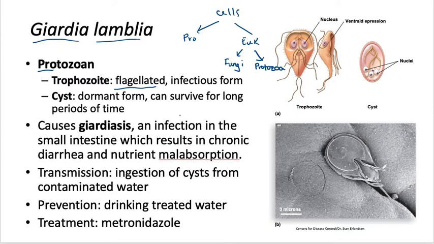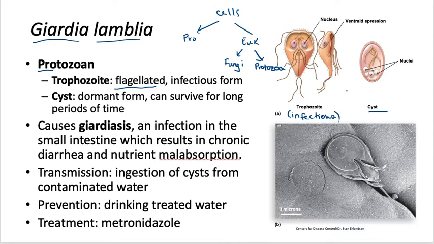Giardia comes in two forms. The trophozoite form is the flagellated form, and this is the form that causes infection in our small intestines. The cyst form is a dormant state, similar to a bacterial endospore in function, but different in structure. It's not as tough to kill, but a cyst is just a dormant structure of protozoa. We saw that with toxoplasma, that cysts can survive for a long period of time in cat litter boxes.